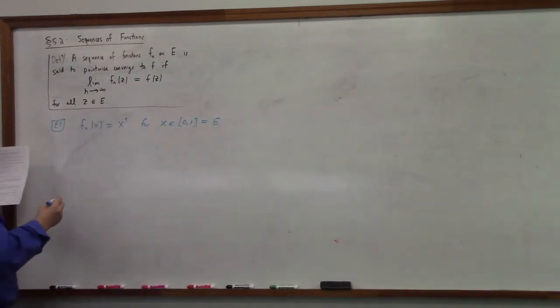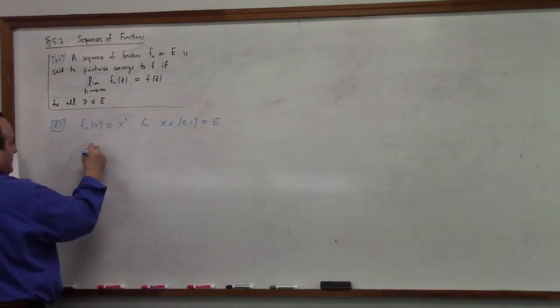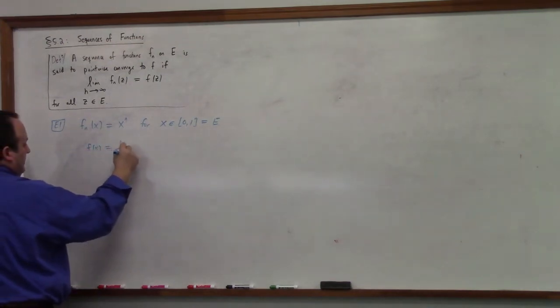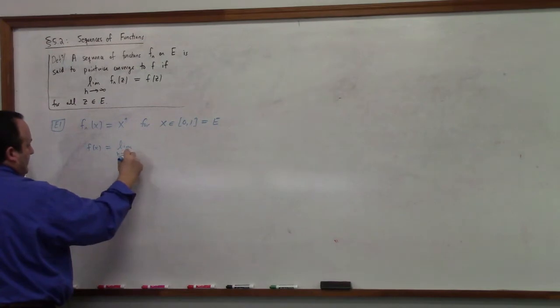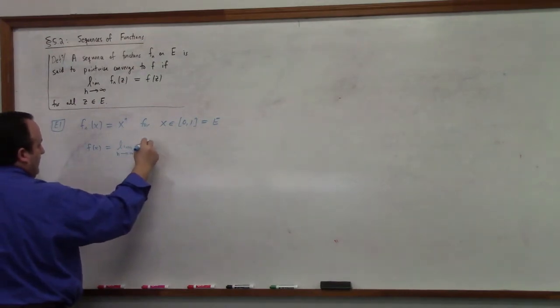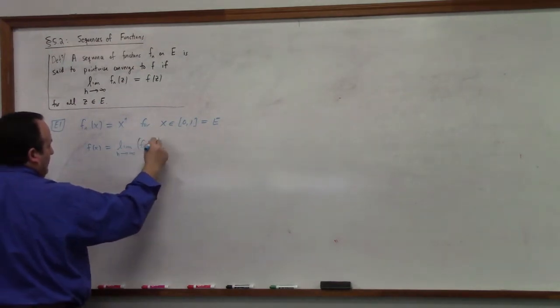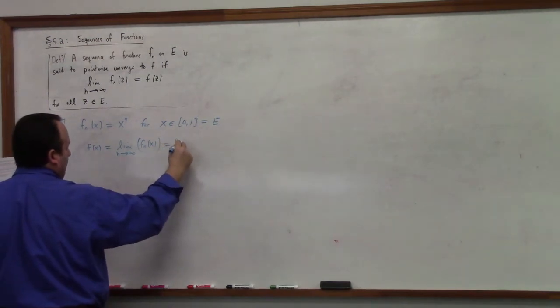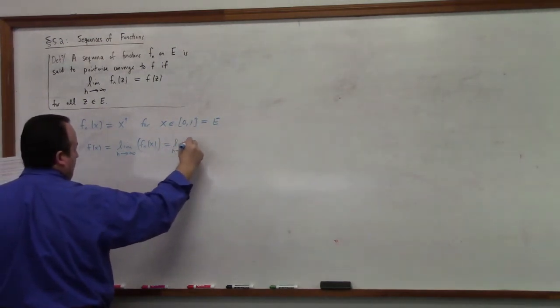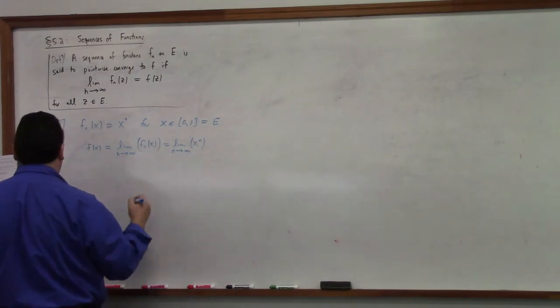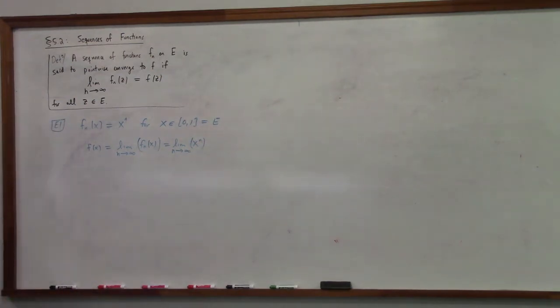What's the limit? F of x will be defined to be the limit as n goes to infinity of Fn of x, in other words, the limit as n goes to infinity of x to the n. So I can draw a graph.